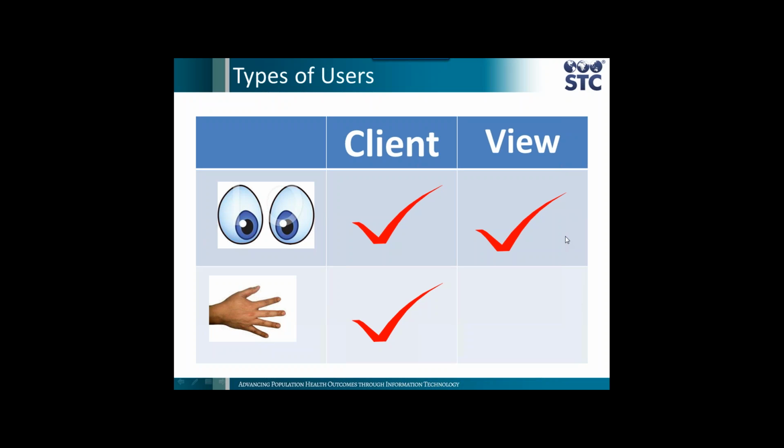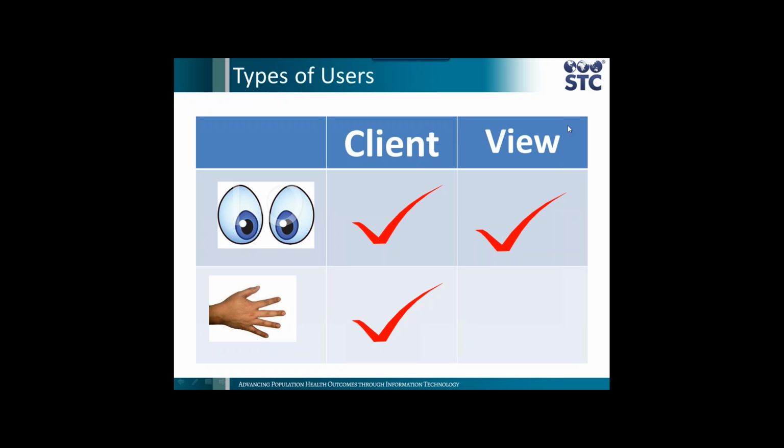So if you are a facility client, that means you're able to see patient information and reports, and you're able to view orders and things of that nature. And you're able to touch it. So you're actually able to go in, administer vaccines to patients, pull reports, reconcile your inventory, those kinds of things.